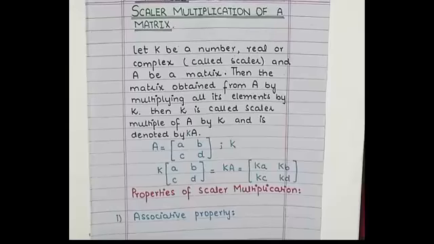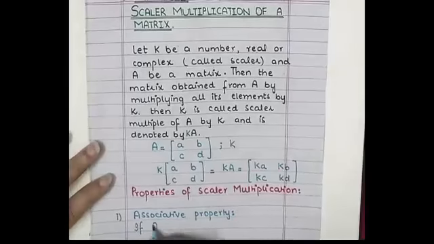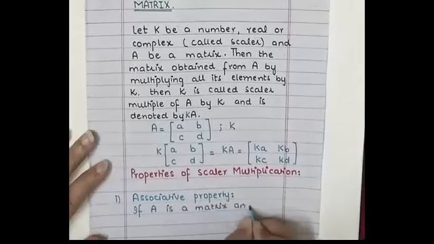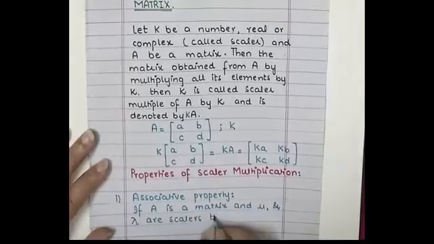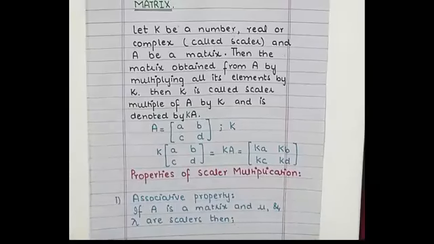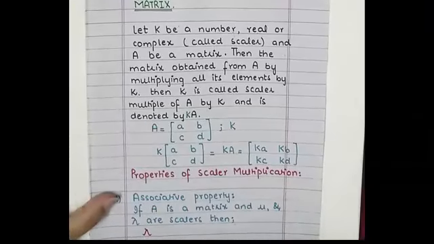It says if A is a matrix and lambda and mu are scalars, then lambda times mu of A is equal to lambda mu into A. It means the associative property holds for scalar multiplication.